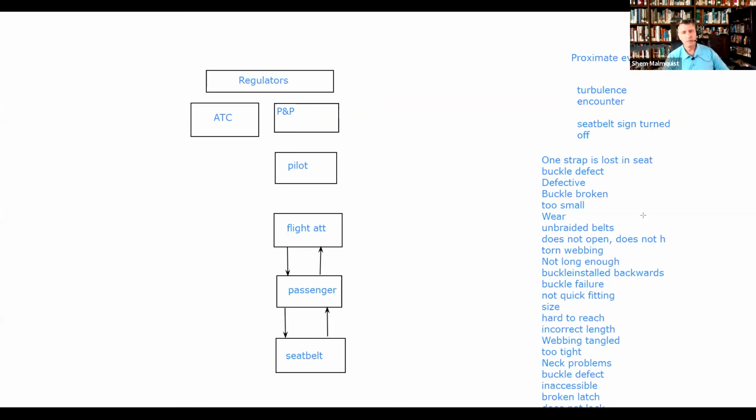But when there's no turbulence and the seatbelt sign is not on, and you're in a long cruise, particularly on longer international flights, I have not seen anybody walk through the aisle and just say to the passengers, hey, your seatbelt isn't fastened, buckle it. And that might make a pretty big difference.